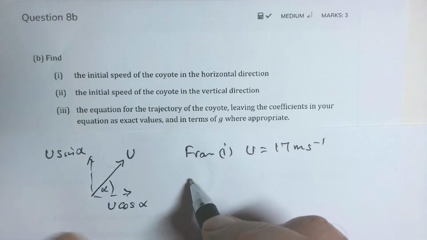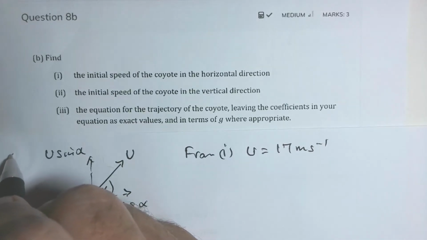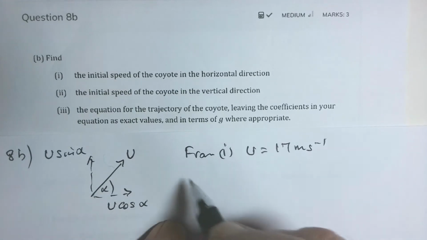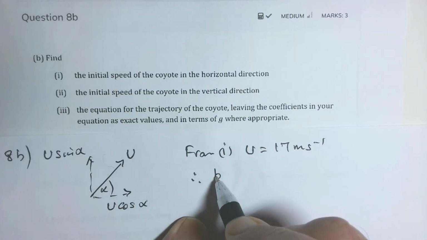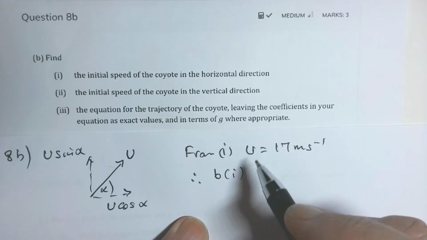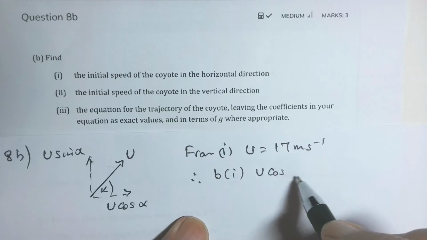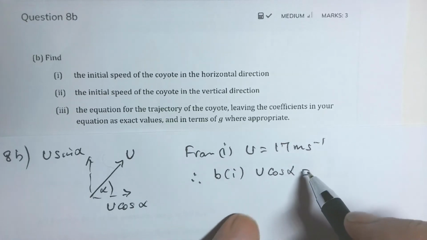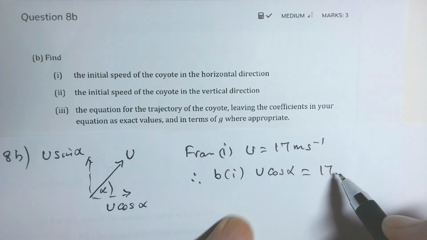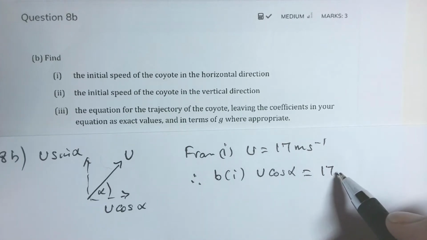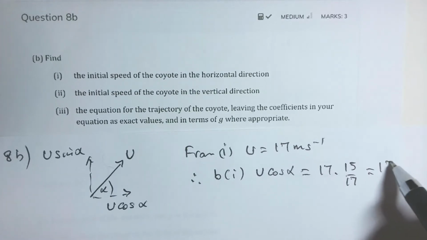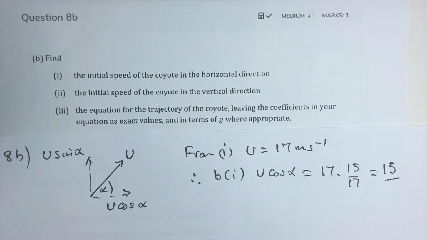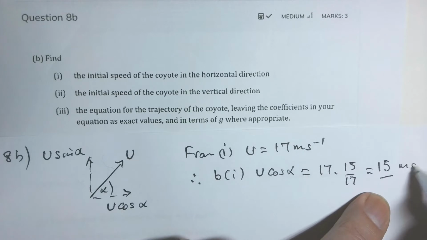So, by the way, this is part B. B part 1 is u cos alpha, which is 17 times 15 over 17, so it's 15 meters per second, as you would expect.